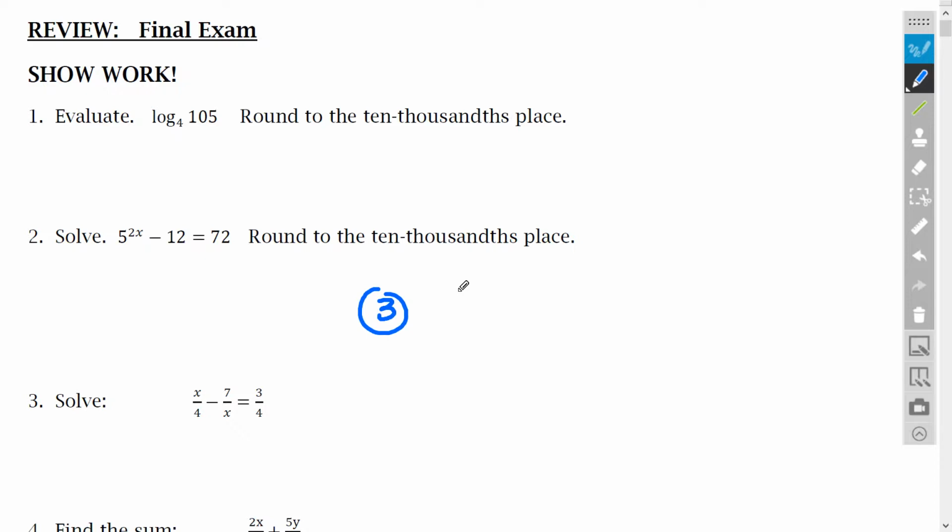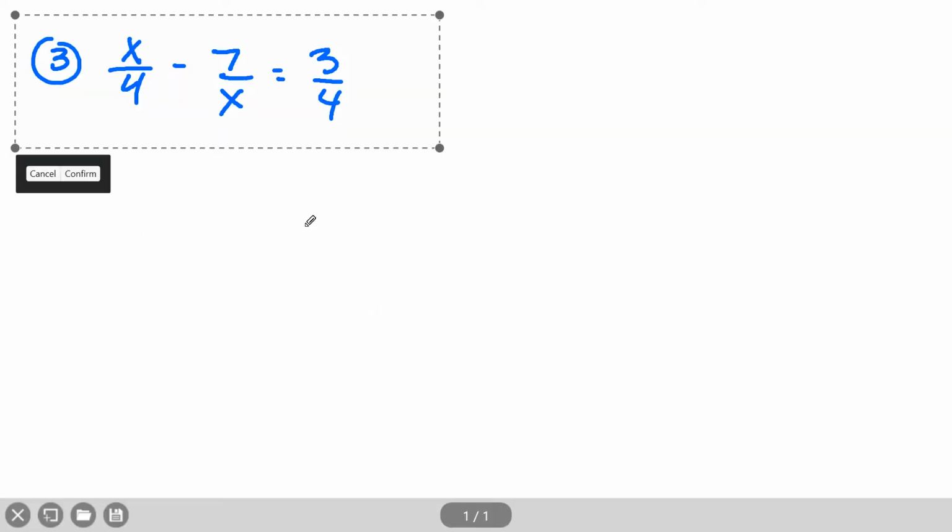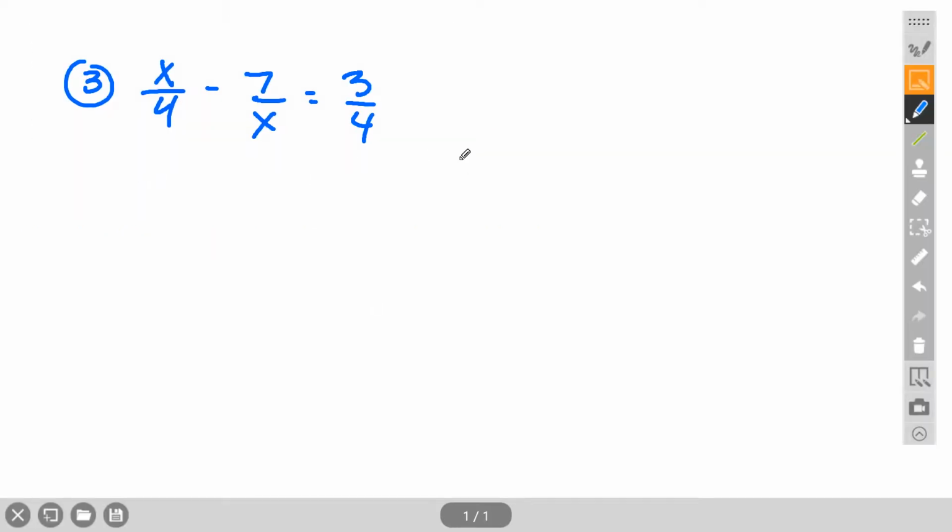Number 3, solve. We have x over 4 minus 7 over x equals 3 over 4. So this is a rational equation, chapter 8. We would solve this by finding the LCD. The LCD in this case, lowest common denominator, would be 4x. So we'd multiply this by x, this by 4, and this by x.